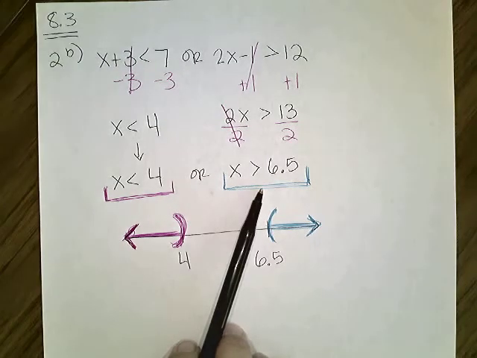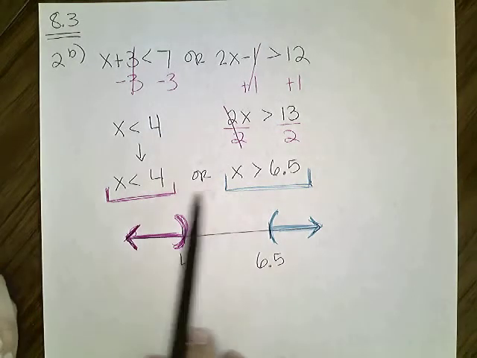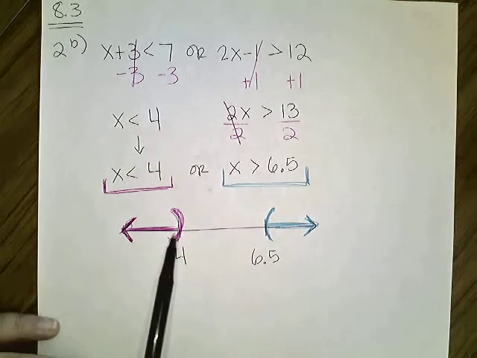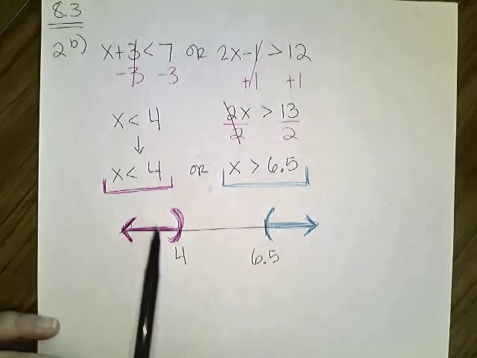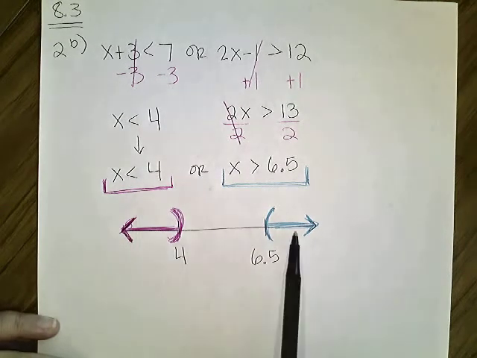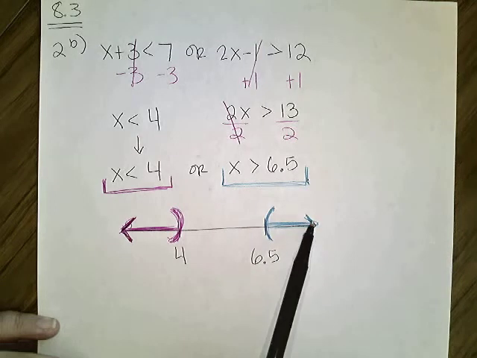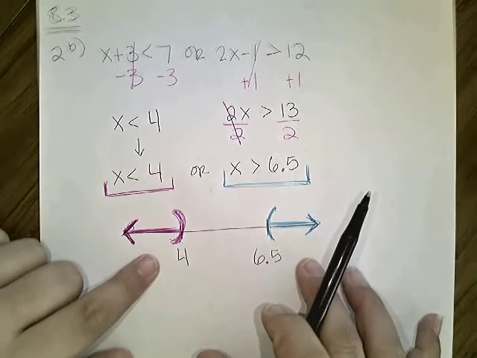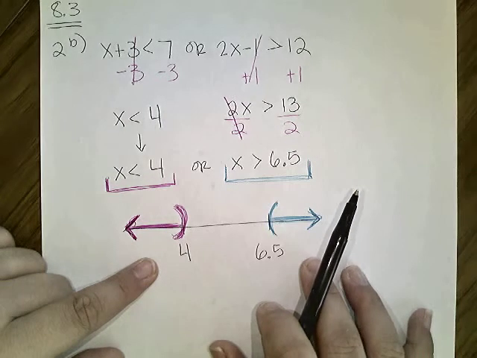Basically, when we're dealing with an or compound inequality, we just need one of these situations to be true, this one or that one. So one of them is true in this region below 4, and the other one is true in this region above 6.5. So we have our solutions in two separate regions.